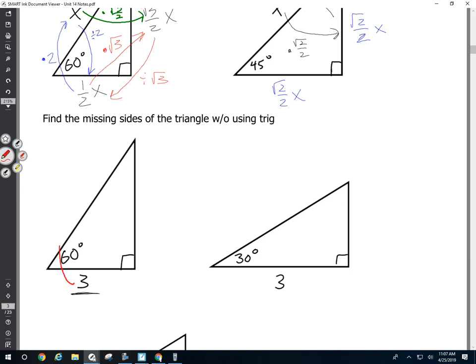Multiply by 2, that's got to be 6. If I go from 1/2 to root 3 over 2, what do I do? Multiply by root 3. Multiply by root 3, 3 root 3. Quick and easy, getting from one to the other.